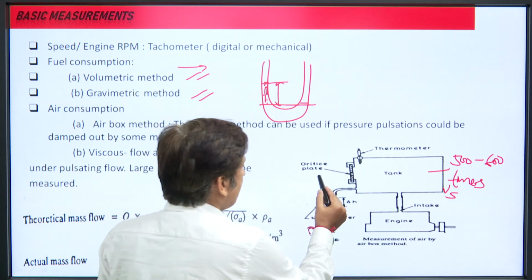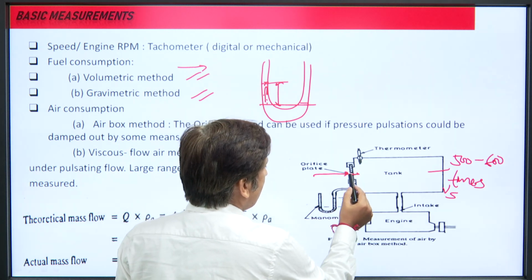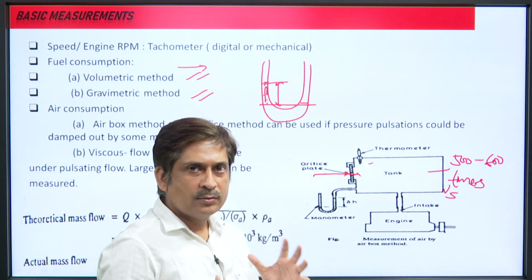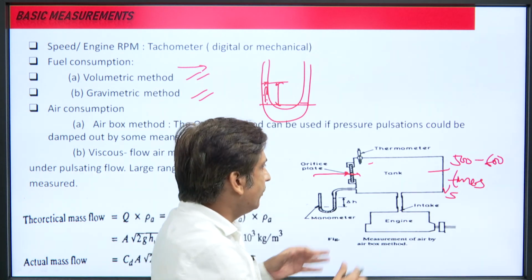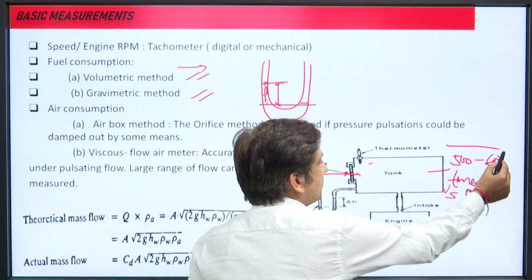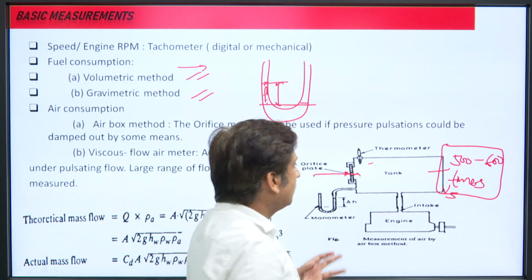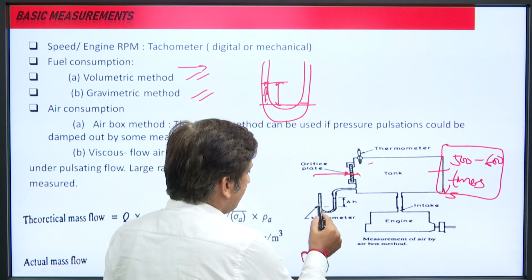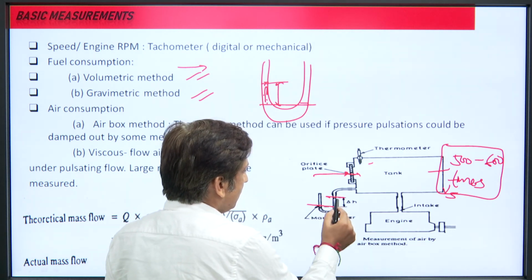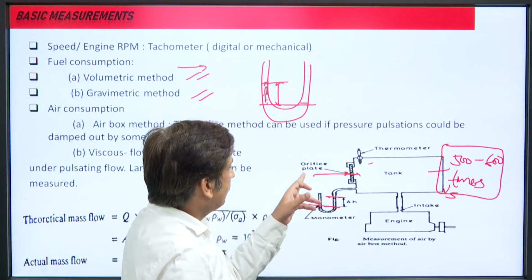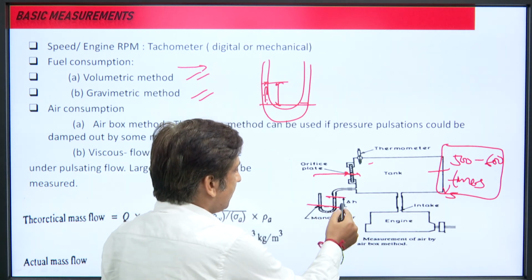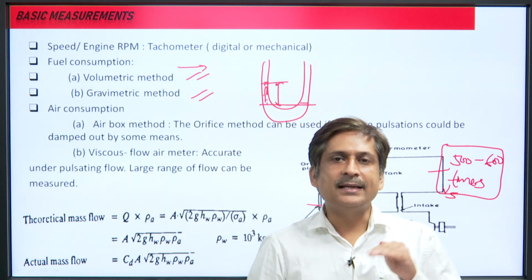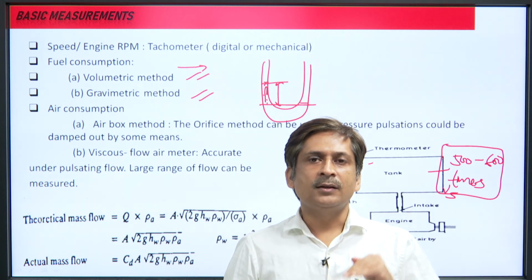This is the orifice, air is sucked from here, and the air in the tank comes to a somewhat static condition. That is why we use a large tank. Similarly, with the help of a manometer we measure the pressure difference across the orifice meter in terms of delta H. Delta H is the pressure drop in the manometer.